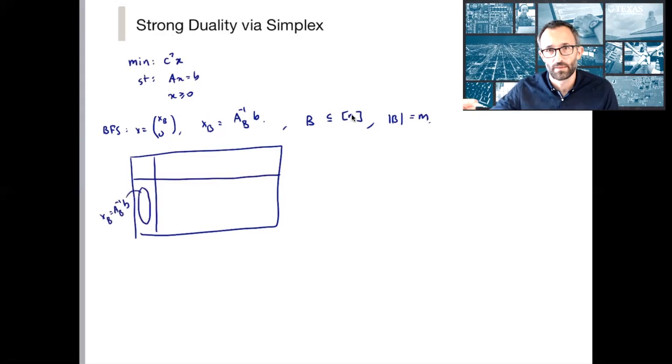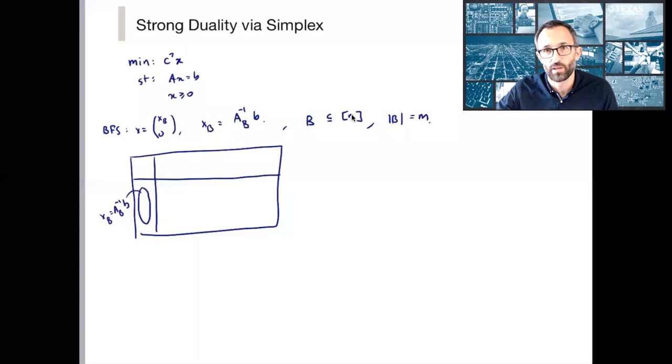The pivot rule is exactly designed in order to maintain primal feasibility at all times. The way that we choose how far we can move is given by looking at the ratios. We won't go over all that.